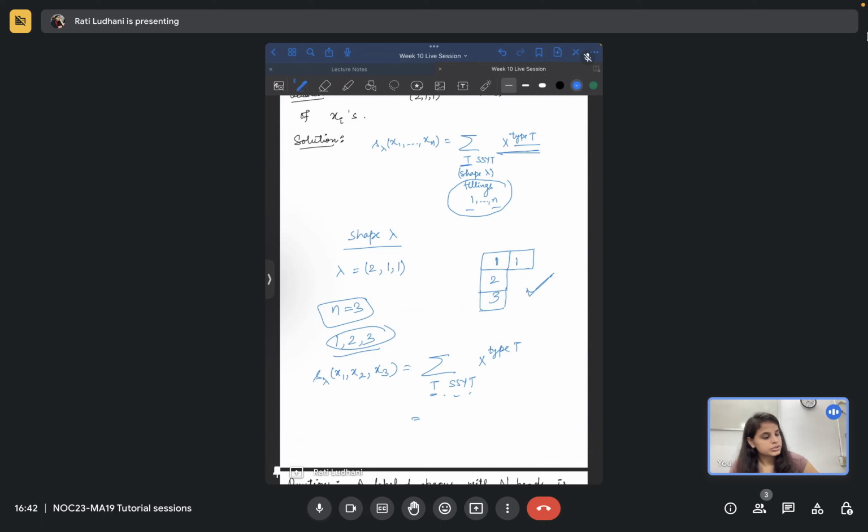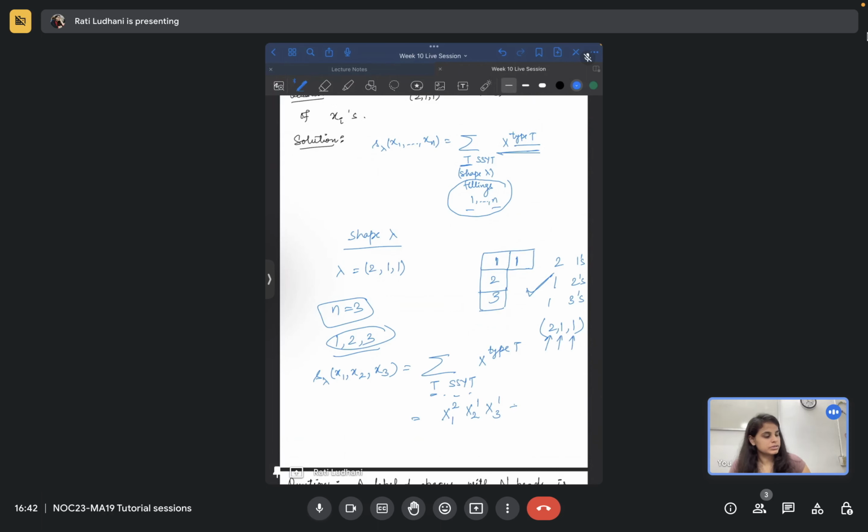In the first case you have two ones, one two, one three. So in the type you will get x1 raised to power 2, x2 raised to power 1, x3 raised to power 1. These are the exponents for the x's.